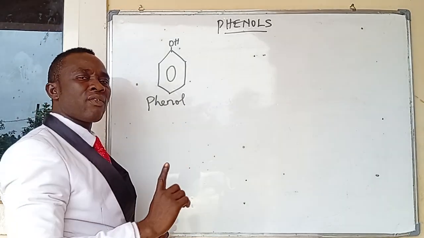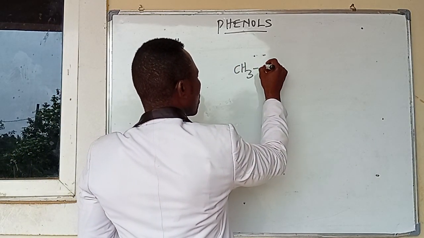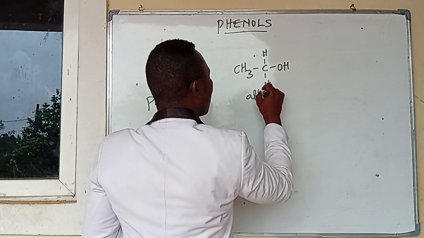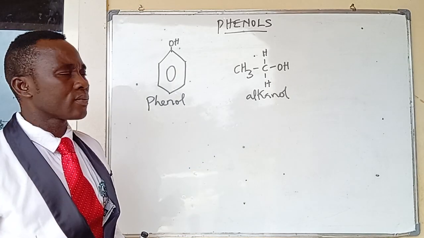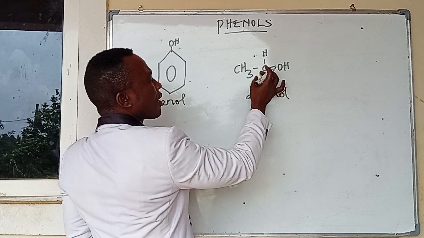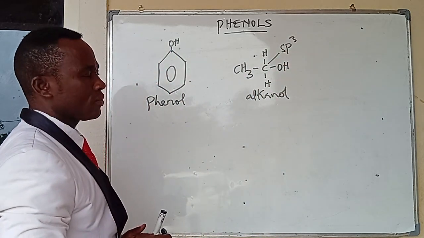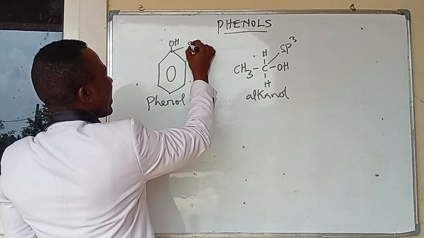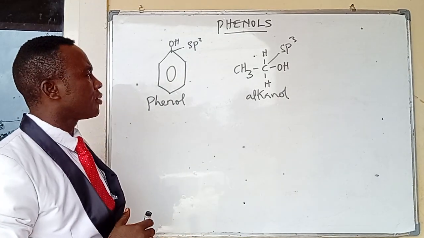Now, phenols differ from alkanols. If we look at the structure here, you see that this is an alkanol. Why is this a phenol? What's the difference? In alkanols, the hydroxyl group is bonded to a carbon that is sp3 hybridized, while for phenols, the OH group is bonded to a carbon that is sp2 hybridized because it's bearing a double bond.